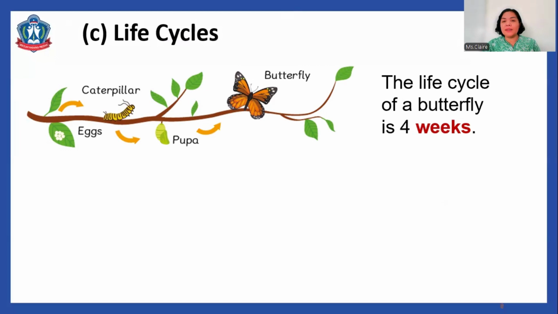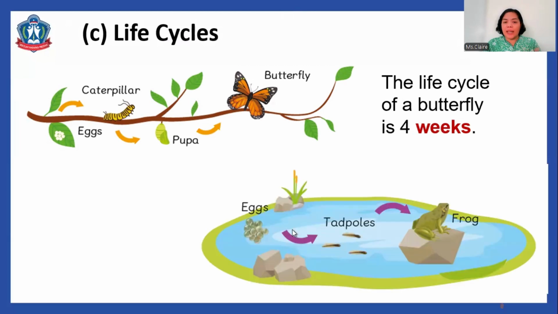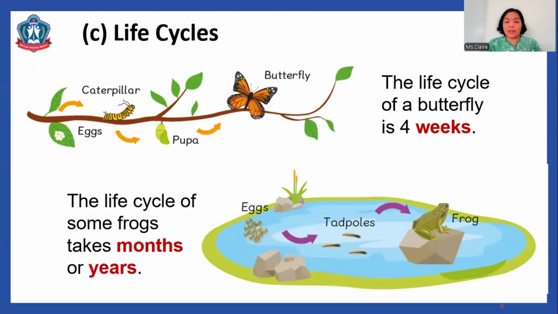Then it becomes an adult butterfly. So it takes 4 weeks. On the other hand, children, we have the life cycle of some frogs. Some frogs will take months or years for their life cycles from eggs to tadpoles and an adult frog. So they have different duration, shorter for butterfly, longer for frogs.